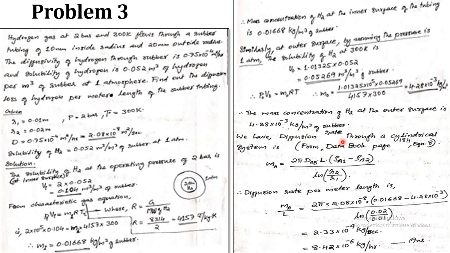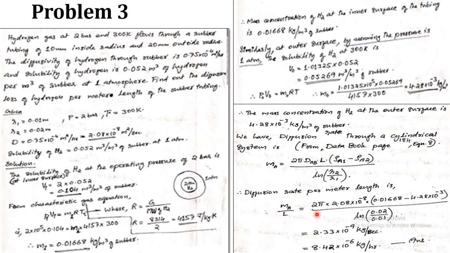So, we have the diffusion rate through a cylindrical system, from data book page number 198. MA is equal to 2 pi D L times the concentration difference over the natural log of the radius ratio. We need to find it per meter length.